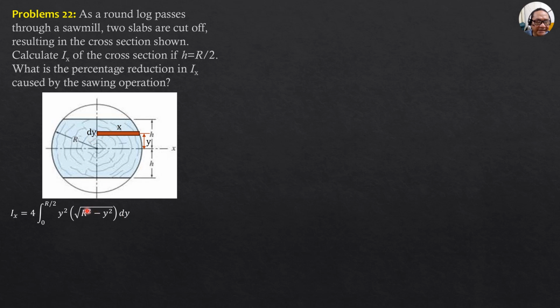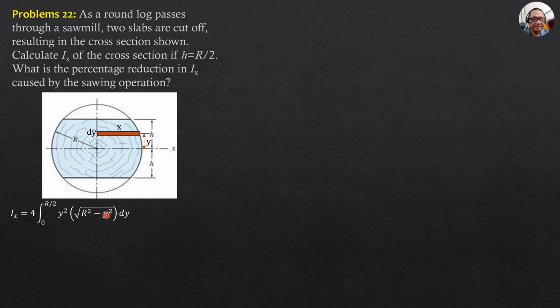So x is square root of r squared minus y squared, because the equation of the circle is x squared plus y squared equals r squared. Or from your experience or from the preceding slides, you can have that expression for Ix.